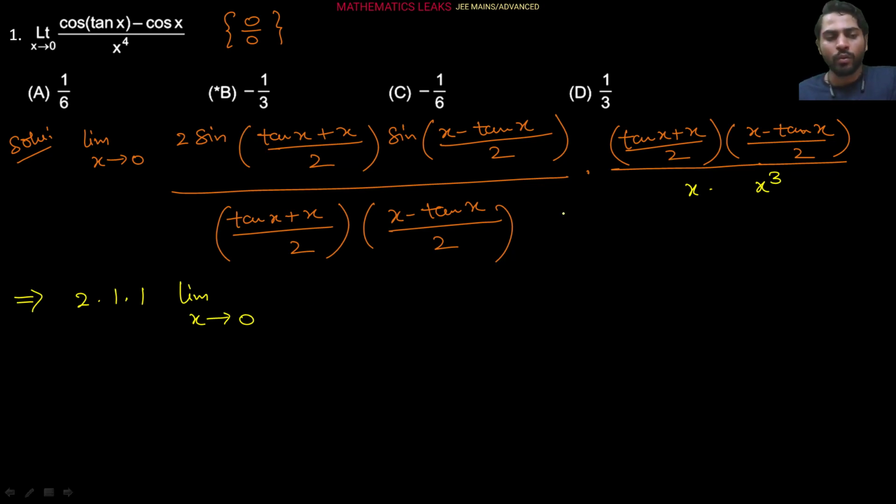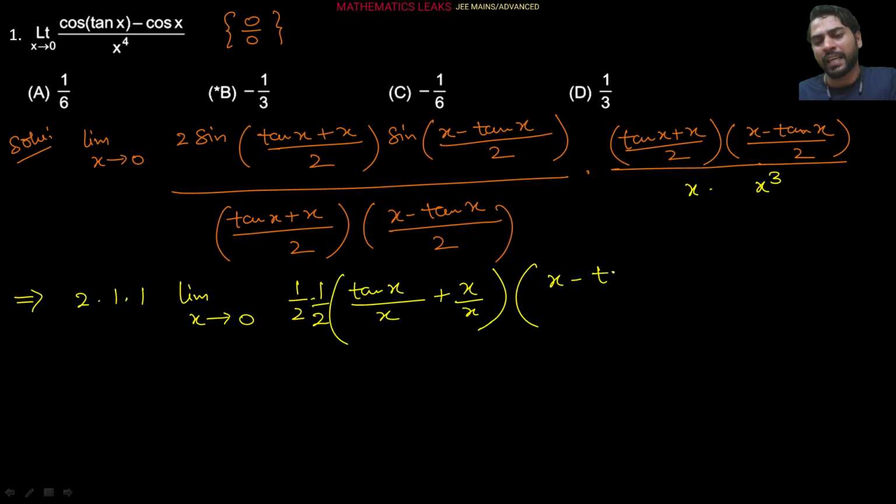So that becomes here, since 1 by 2 is coming as a constant, 1 by 2 as it is. And now here you observe tan x upon x plus x upon x. In this one part, 2 is a constant, that 2 we are also taking outside, so 1 by 2 one more is coming here, that is (x minus tan x) upon x cube, right?